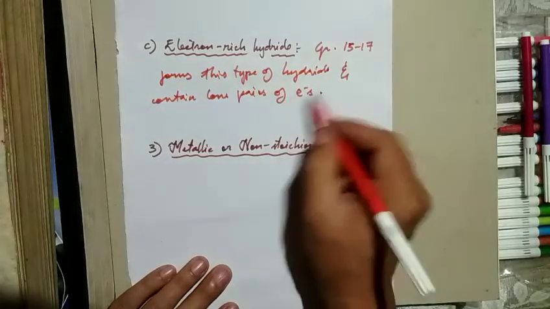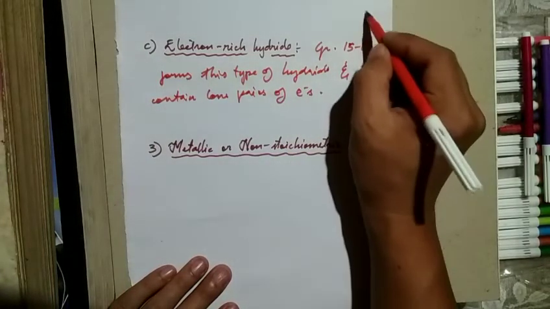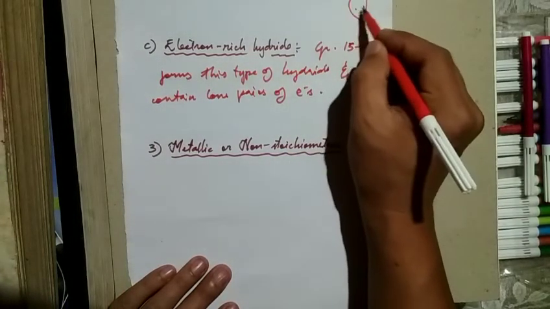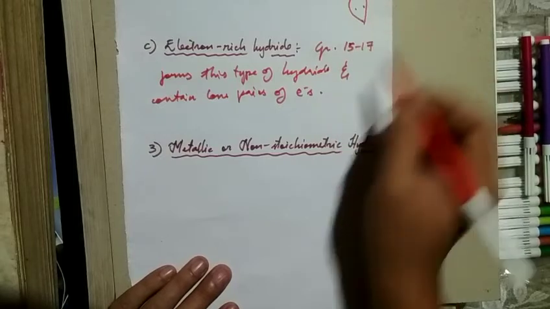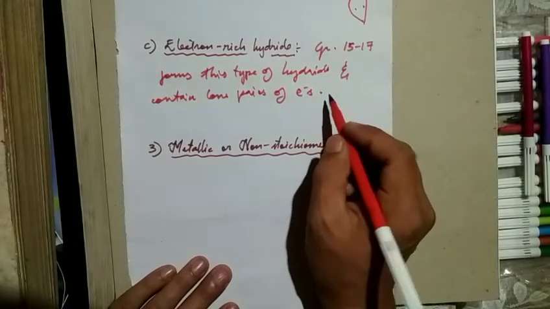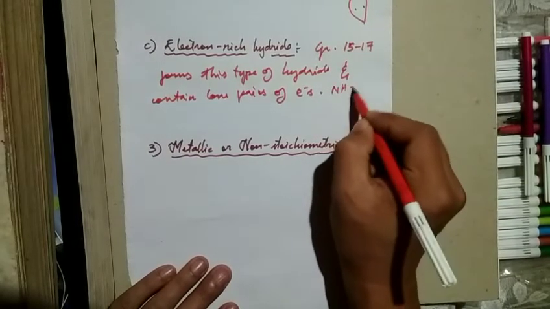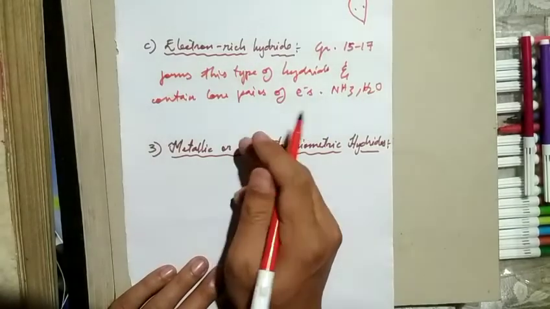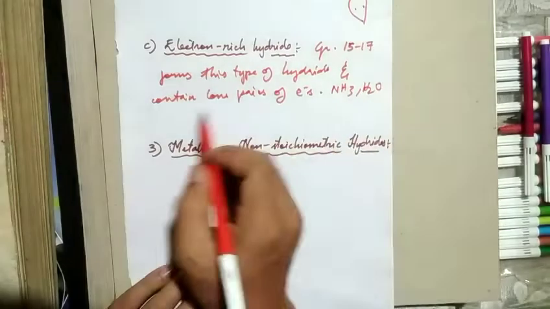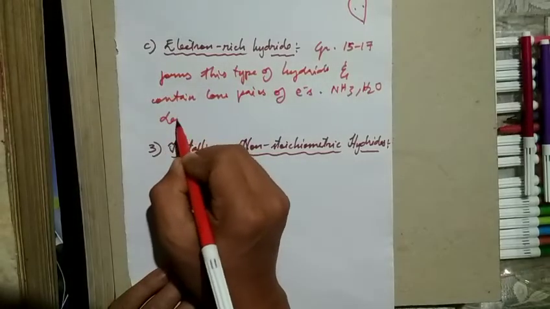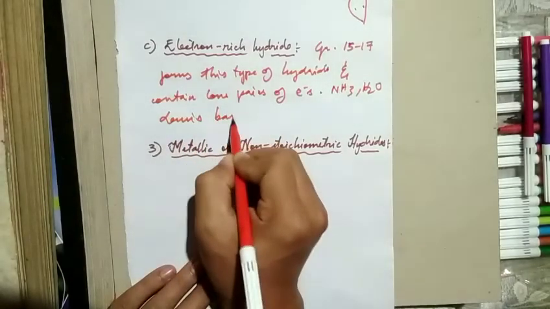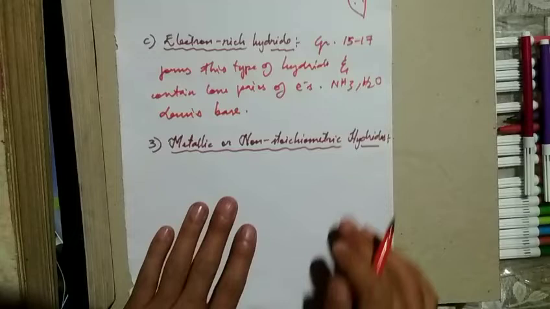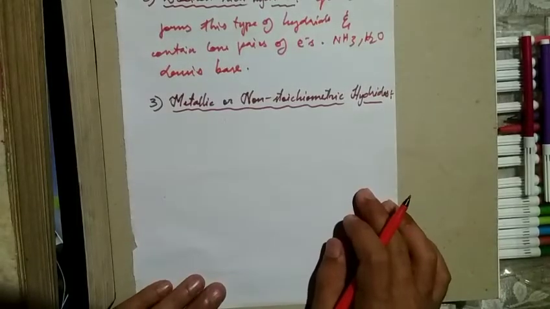Lone pairs mean 2 electrons. Examples are NH3, H2O. Since they have lone pairs of electrons, they act as Lewis base. That means they can donate this lone pair of electrons.